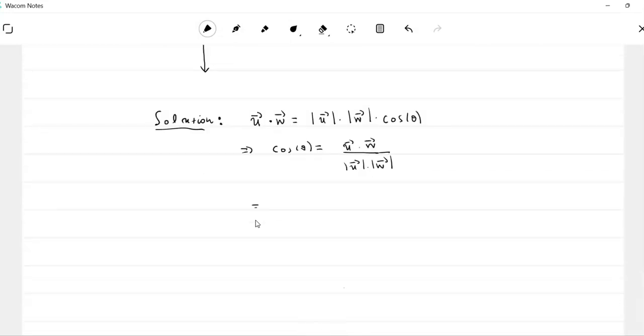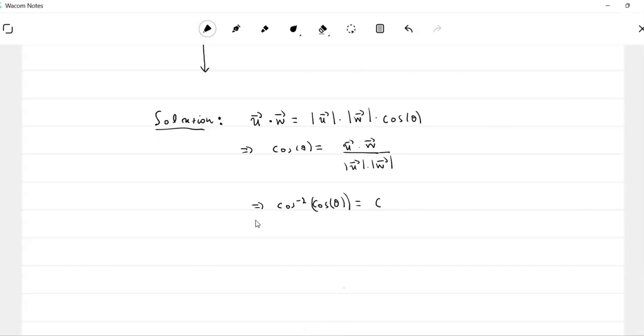Now, we take the inverse function of cosine. So we have arc cos, and then we have cos theta. These two are inverse functions.